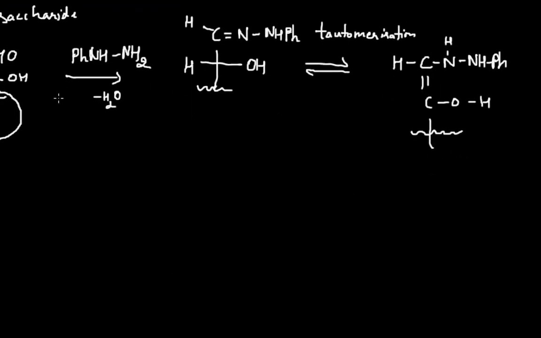The next step is, this one grabs away this proton, the OH bond falls back, and this will move to give you an imine. What you have done essentially is carried out oxidation at the C2 carbon. So this is your C2 carbon.